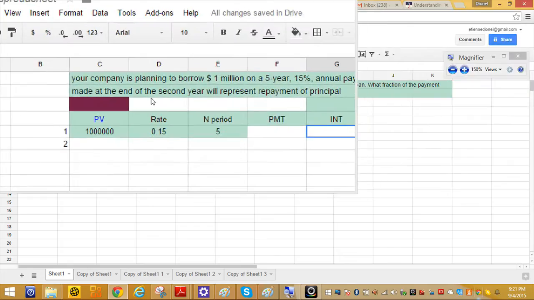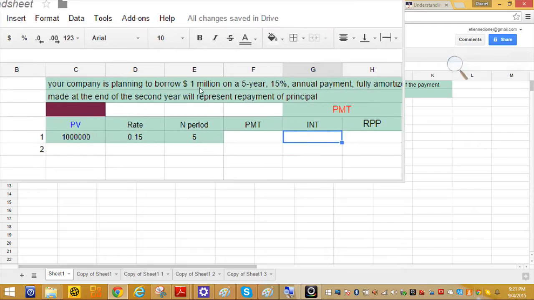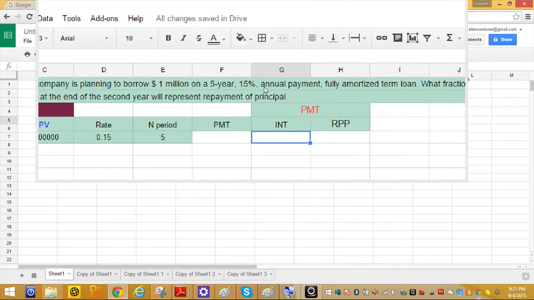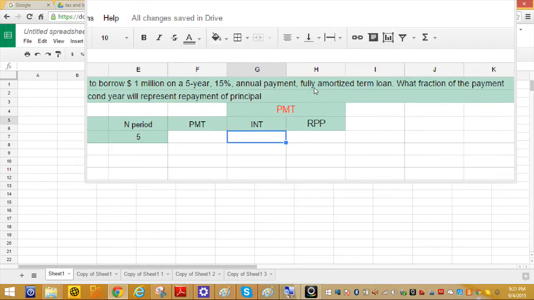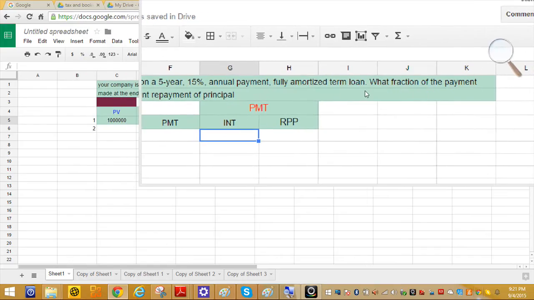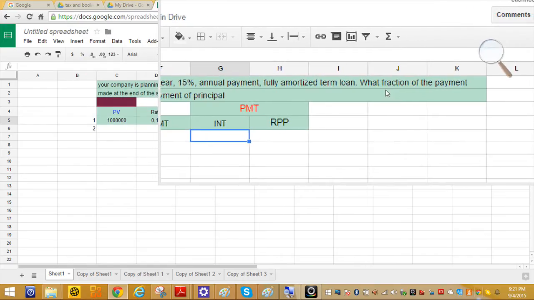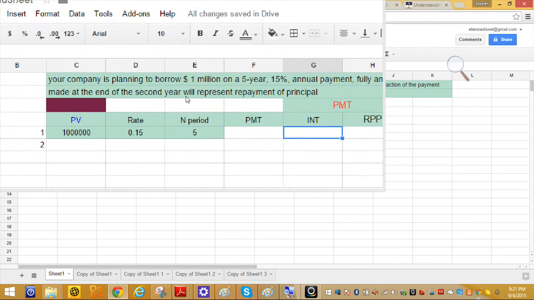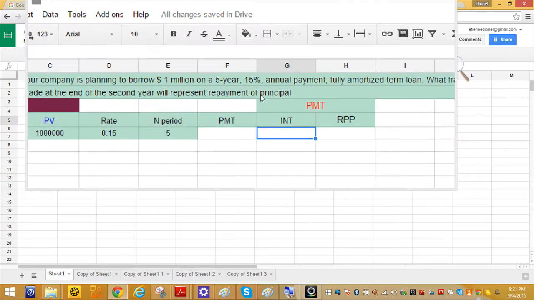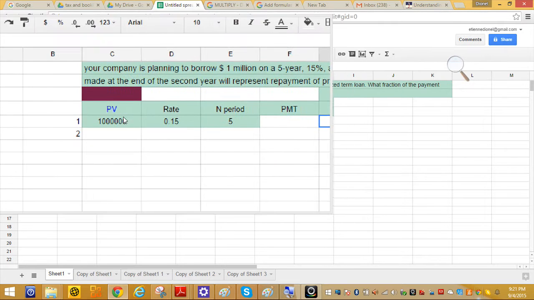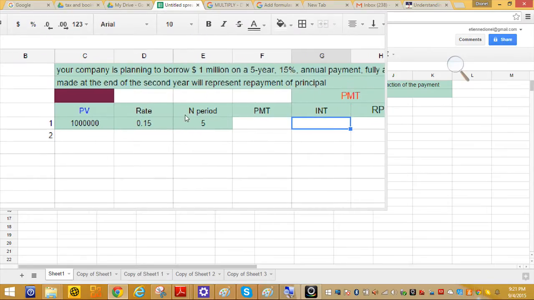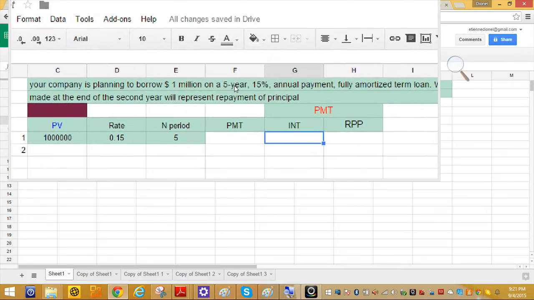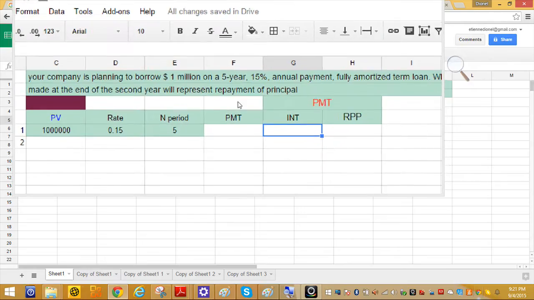They say your company is planning to borrow $1 million in a 5 year, 15% annual payment, fully amortized term loan. The question is, what fraction of the payment made at the second year will represent the repayment on the principal? When you get a loan, every month or year, in this case every year, at the end of every year you do a payment.